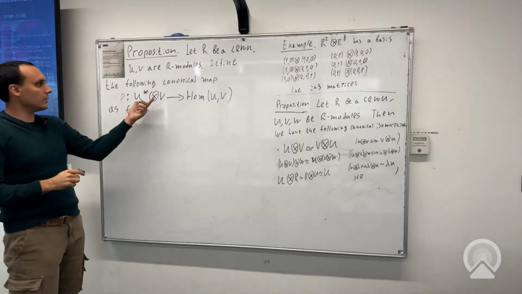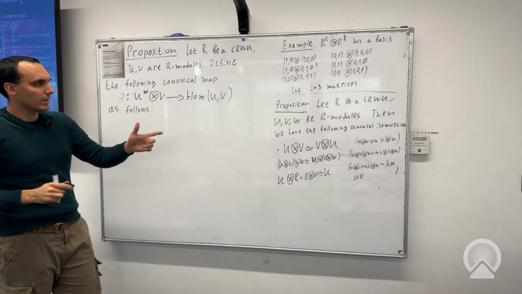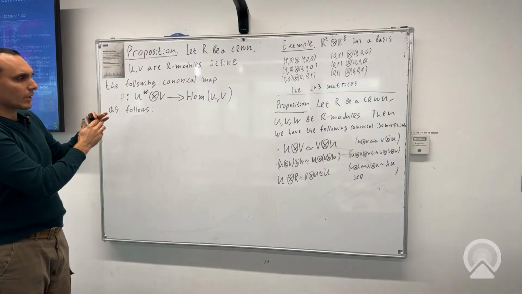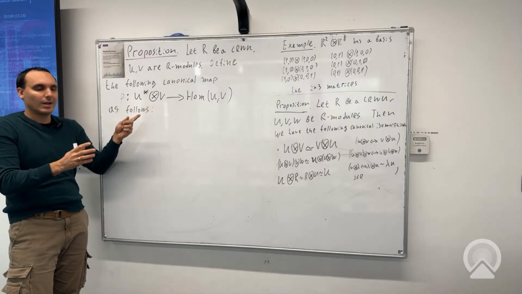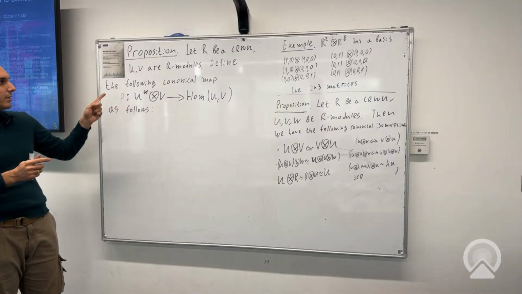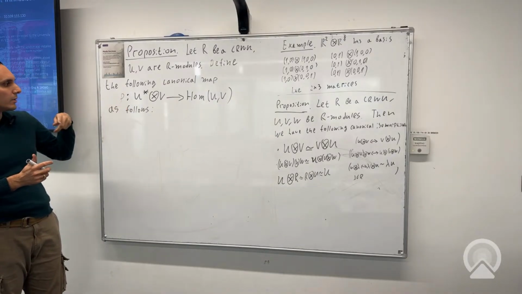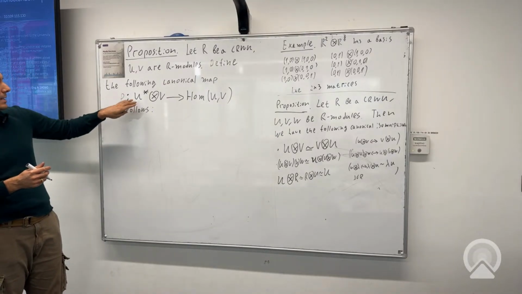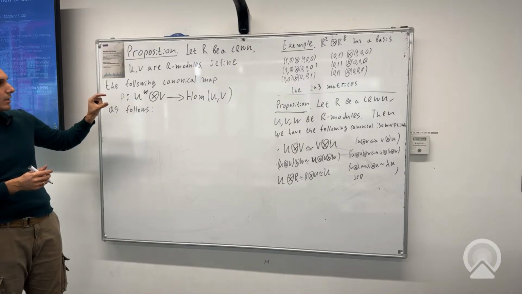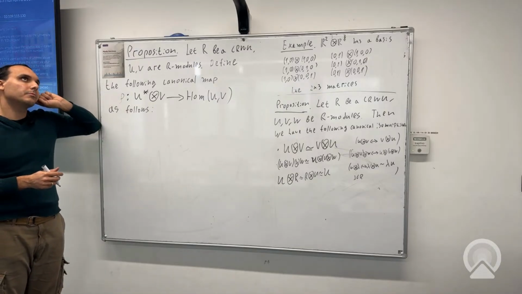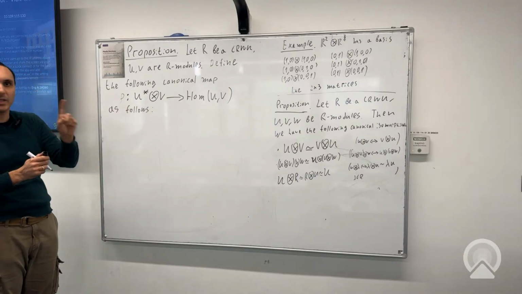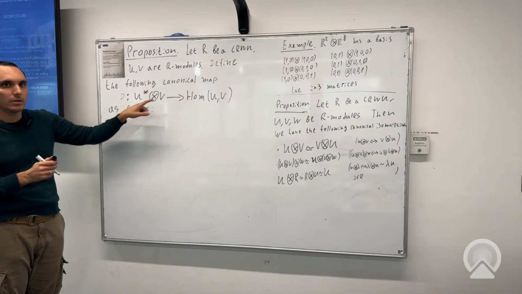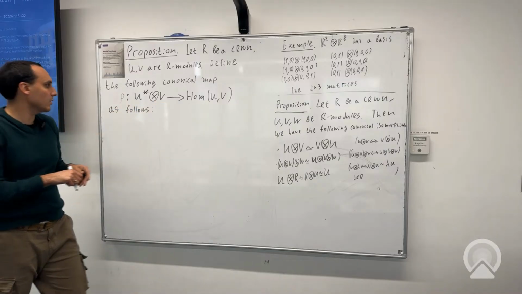So when you define a map from the tensor product, as I said, they are linear combinations of things from here and things from here. But usually you just give how it maps a single atomic tensor. So atomic tensor is when there is no sum, there is only something from here multiplied by something from here.